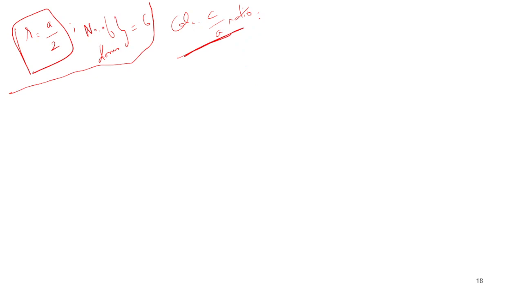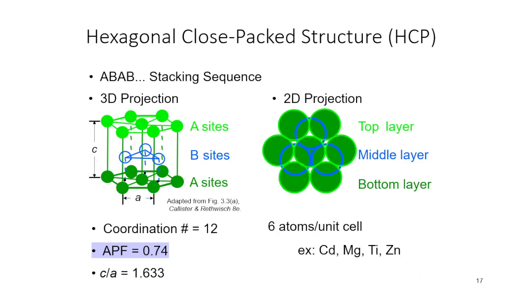The reason why we are going for this C by A ratio is because here is the first case in all our unit cells that we have a parameter known as height, which is extending up, other than the sides. That is why we have a C over here.